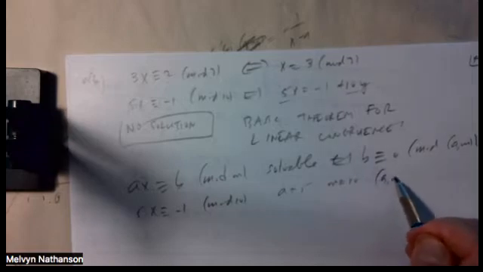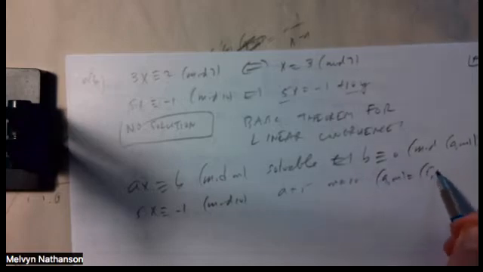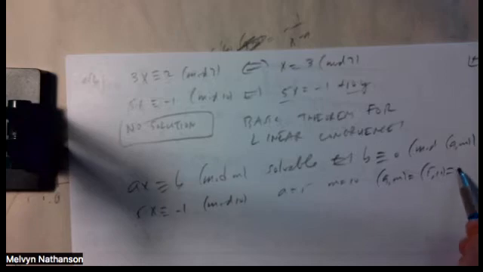The greatest common divisor of 5 and 10 is 5, and minus 1 is not congruent to 0 mod 5. So if one of the two congruences has no solution, then certainly any system it's part of cannot have a solution.